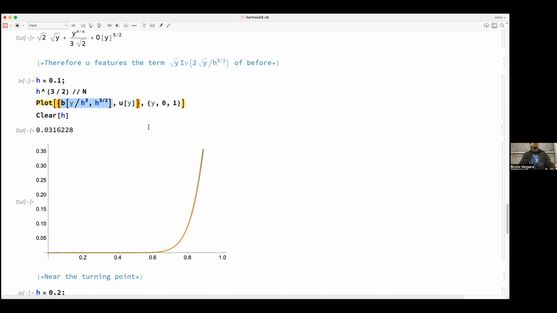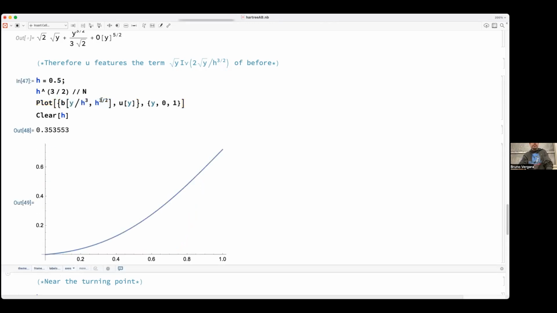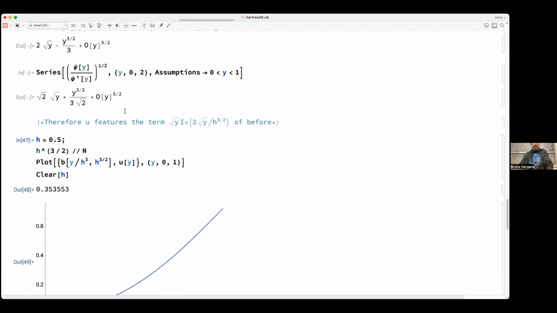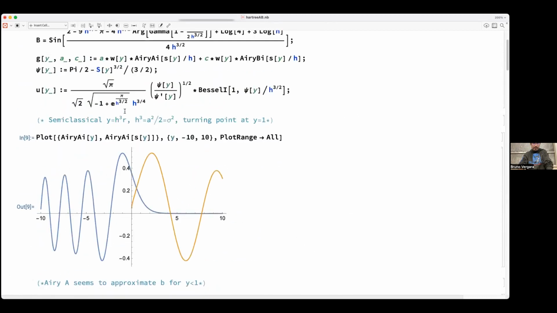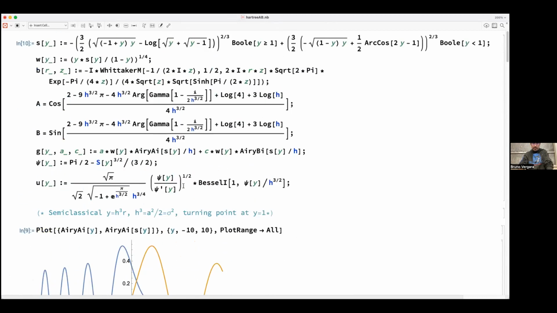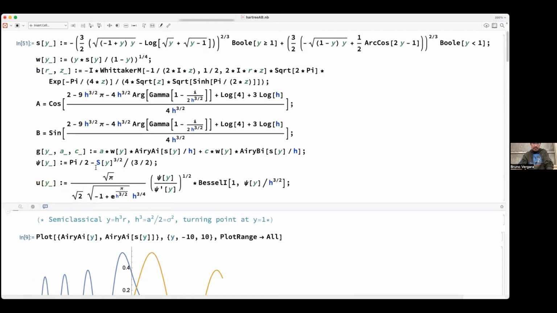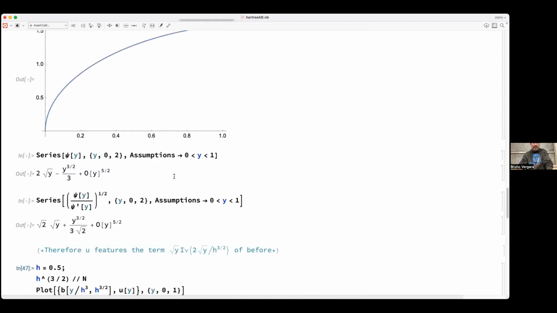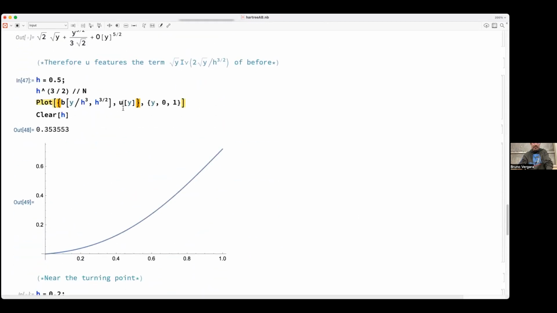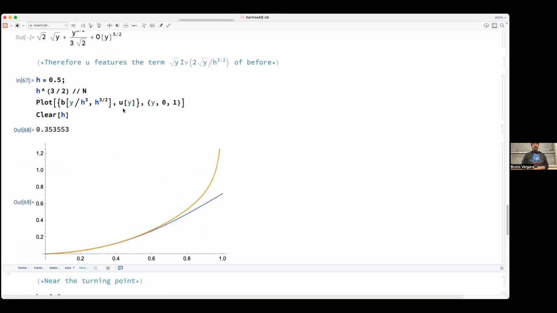The way that I programmed it here, h to be 0.1. Something is not working.